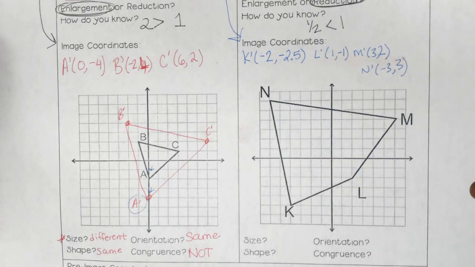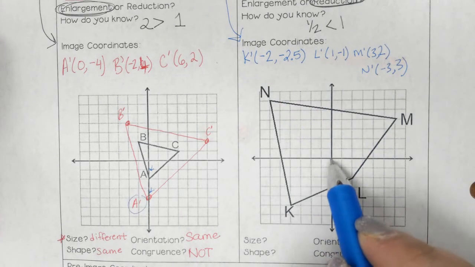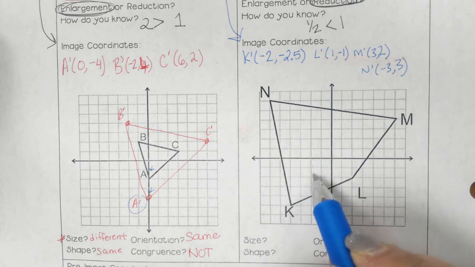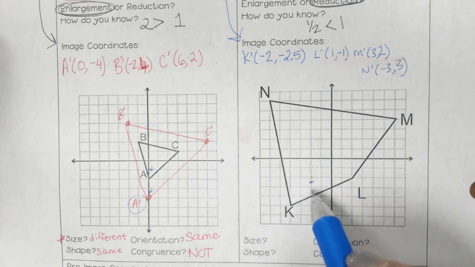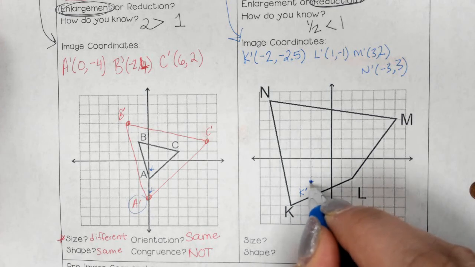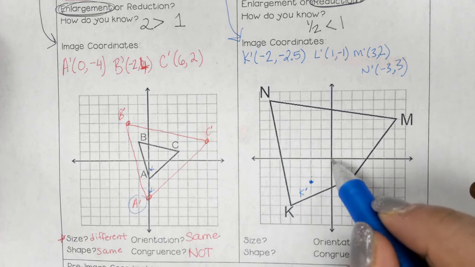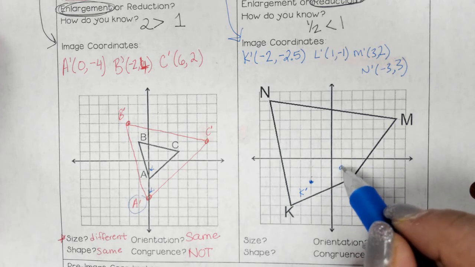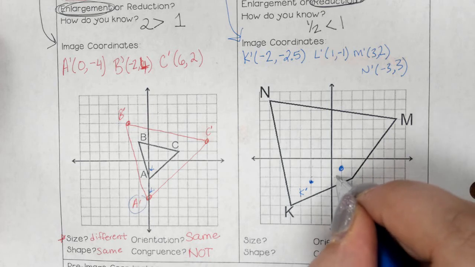K prime is at negative 2, negative 2.5. So left 2, down 1, 2, and between down 2 and 3 is negative 2.5. So here is K prime. L prime is at right 1, down 1, positive 1, negative 1.